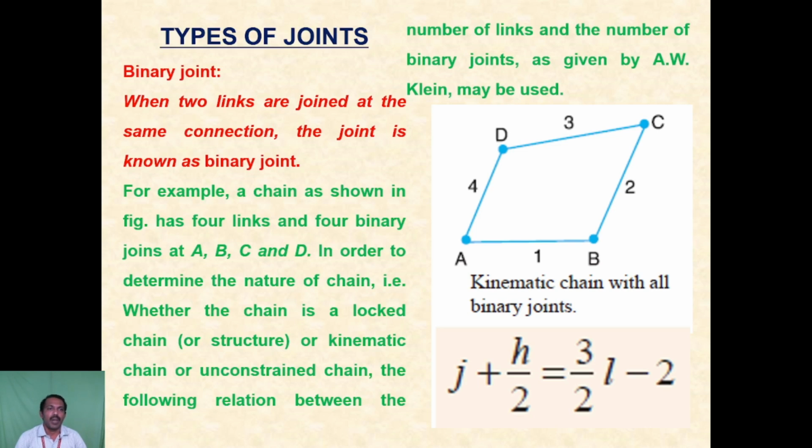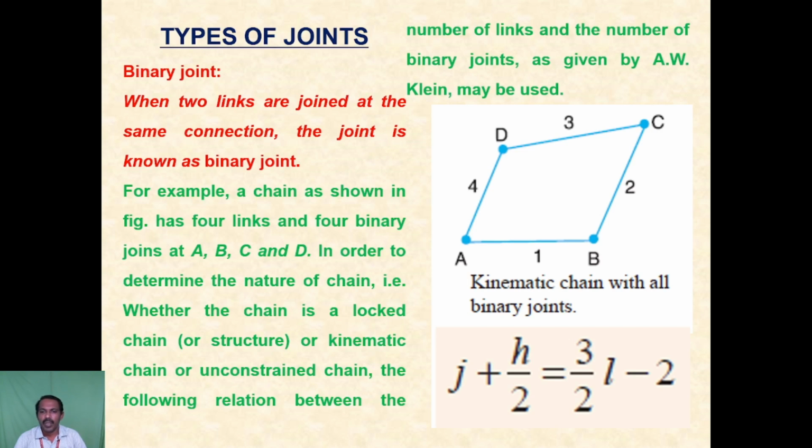Next one is the types of joint. There are different types of joint. First one is the binary joint. When two links are joined at the same connection, this joint is known as a binary joint.